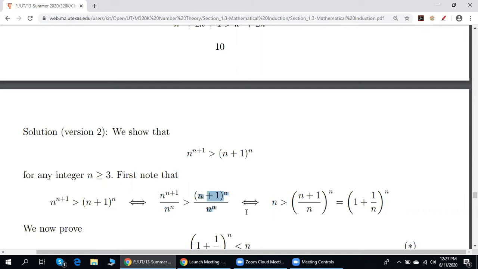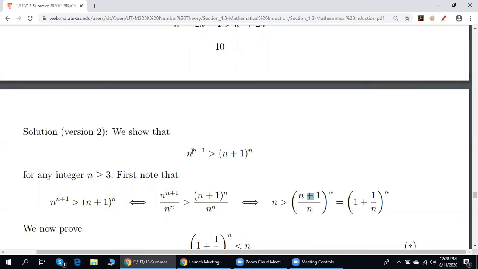Now, please take a look at the right-hand side. If we put parentheses around the whole thing, we rewrite the right-hand side as n plus 1 over n to the nth power. Lastly, let us split this fraction into two pieces. n divided by n is 1, plus 1 over n.